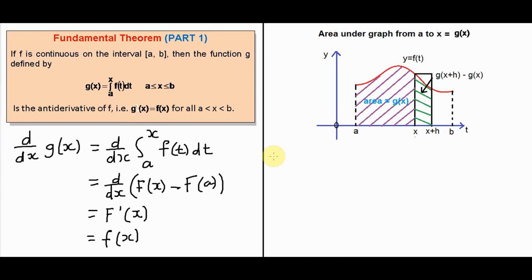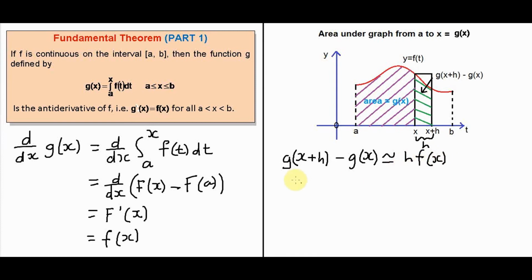So then the green shaded area, which we know comes to g of x plus h minus g of x, is approximately equal to the area of the rectangle with width h and height f of x.